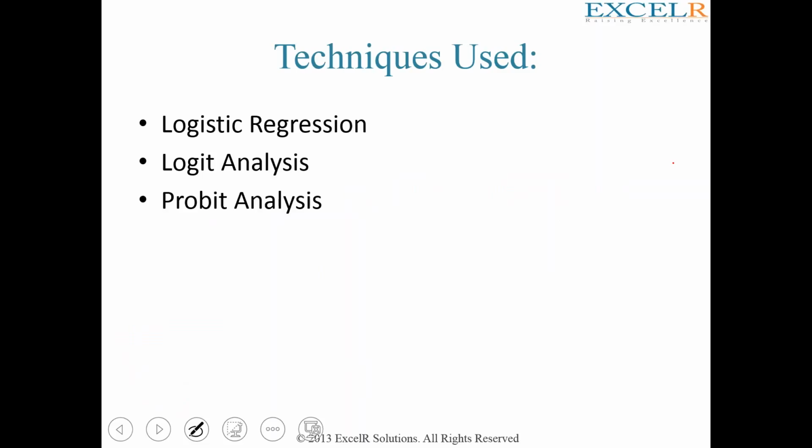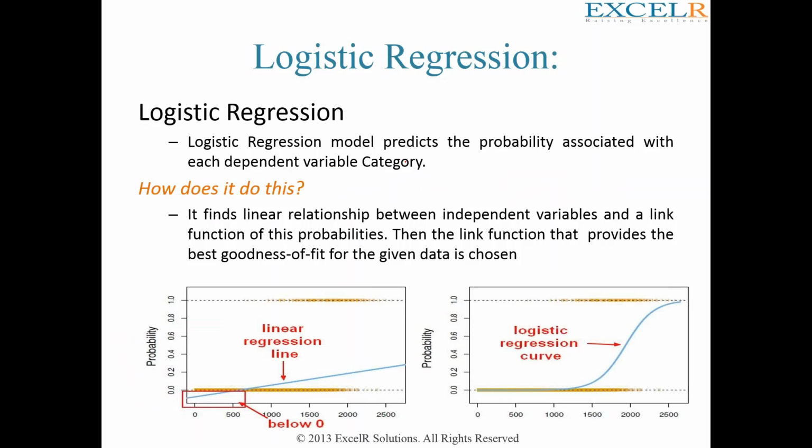There are multiple techniques involved: one is logistic regression, another is Logit analysis, and we have Probit analysis. Three things, right? The logistic regression model predicts the probability associated with each dependent variable category.